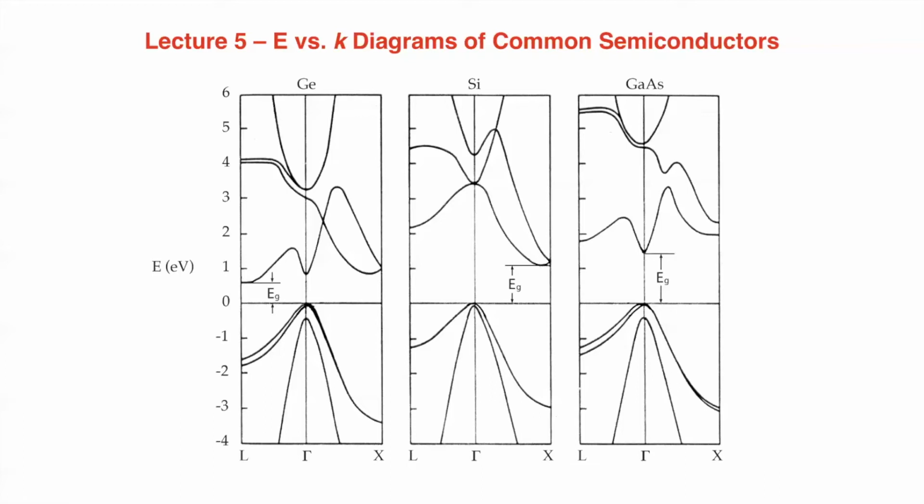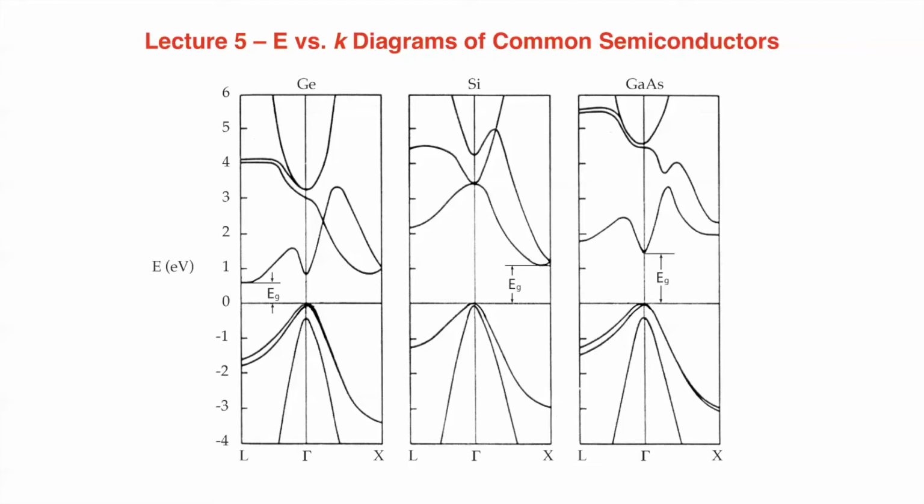The other thing you can see is that while the valence band maximum is always at gamma, the conduction band minimum is at different points. It's at the L point in germanium, at the chi point in silicon, and at the gamma point in gallium arsenide. We just did these exact examples, but you can see that only gallium arsenide has a direct band gap transition.